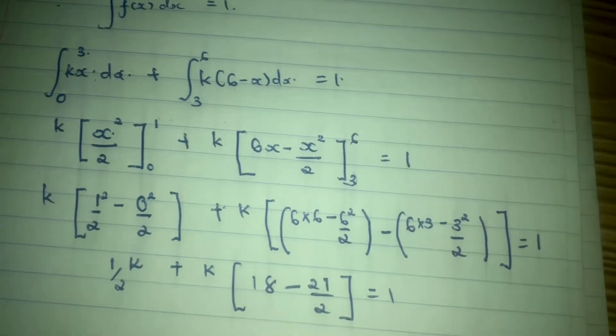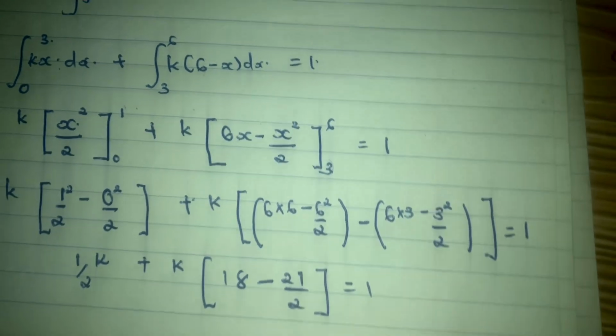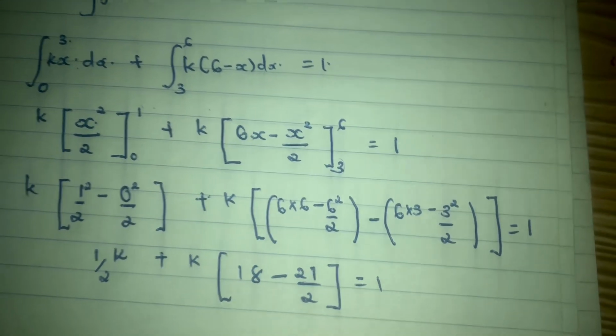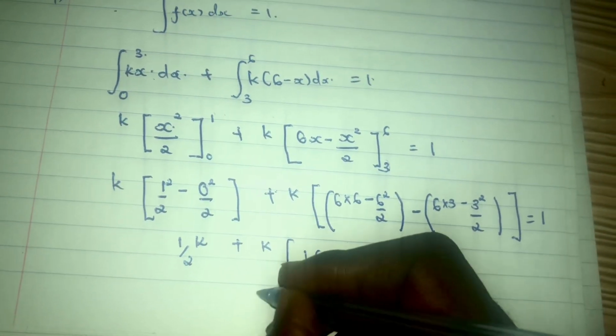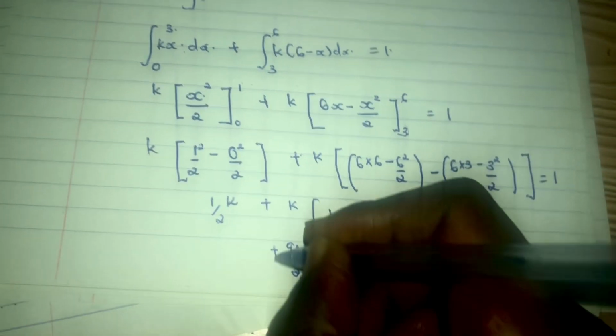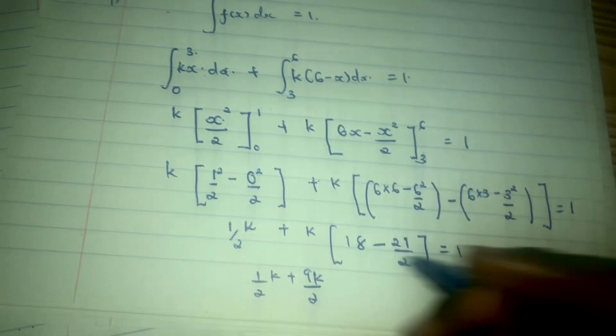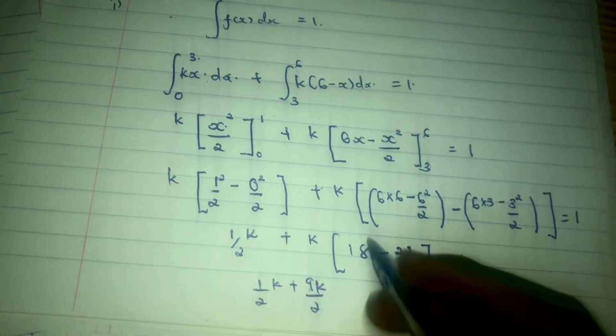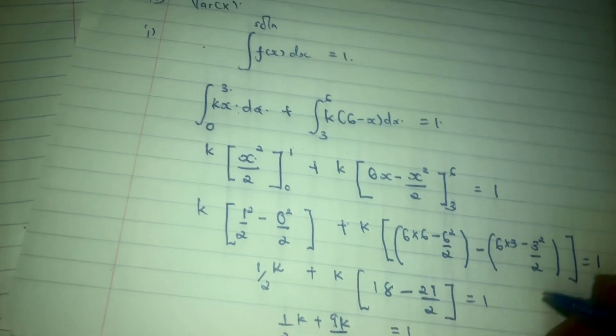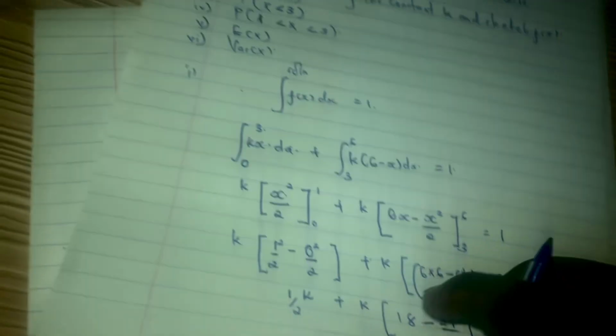So when you get 18 minus 27 over 2, we shall actually get 9 over 2. This will be 9k over 2 plus 1 over 2 k. When you get 9 plus 1, it equals 1. So this will leave us with 10 over 2 k equals to 1. When you divide this, you remain with 5k equals to 1.